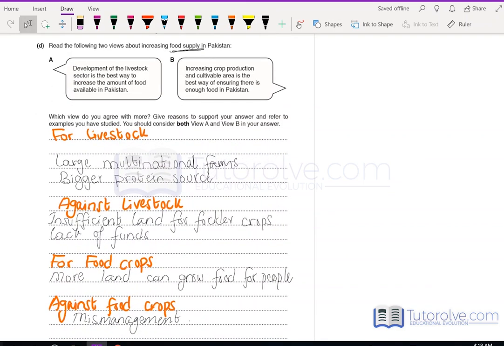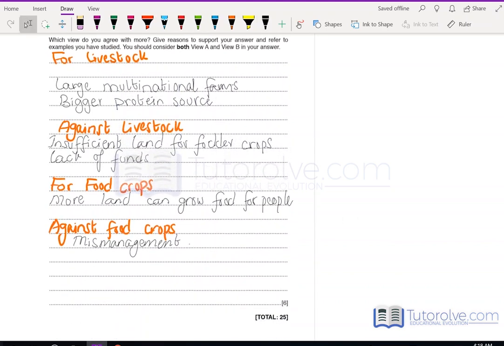But there is obviously less land to grow fodder for the animals, and there is also a lack of funds. For food crops, more land can grow food for people. If there is land and large fields can be grown, that means more food for people for sustenance. And against that, there is also a lot of mismanagement in that area.